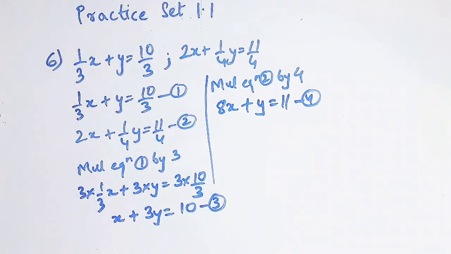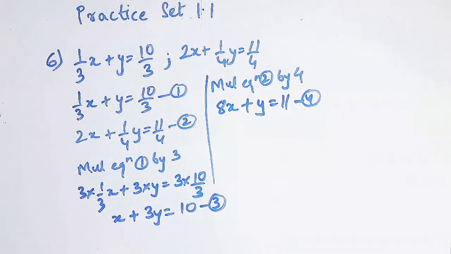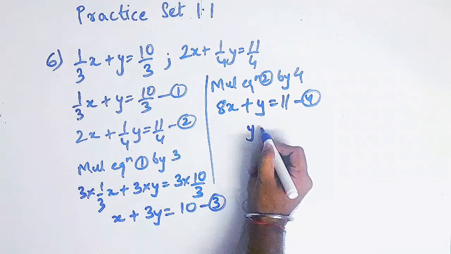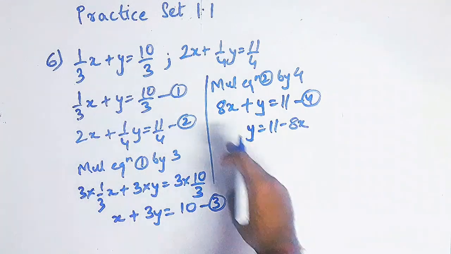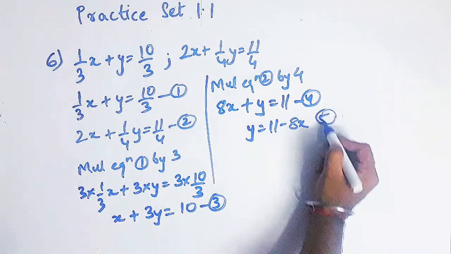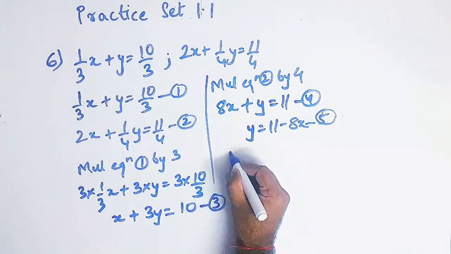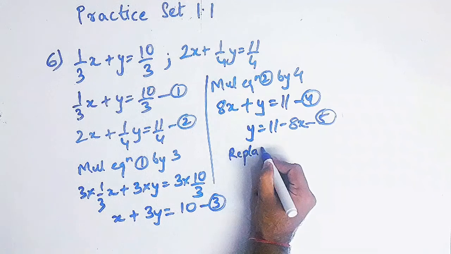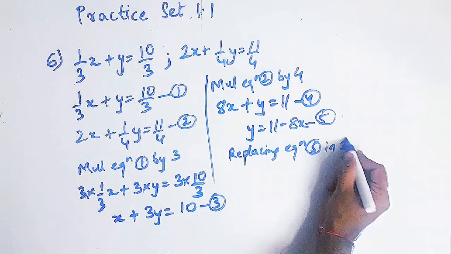Now you can observe neither x has equal coefficients nor y has equal coefficients. So what I'll do is, here I'll substitute y equals 11 minus 8x. I got some value for y, which I'll name as fifth. Then we can substitute, replacing equation 5 in third.